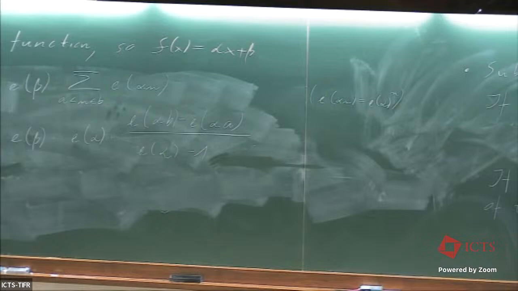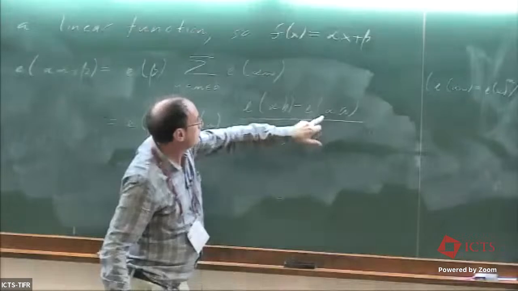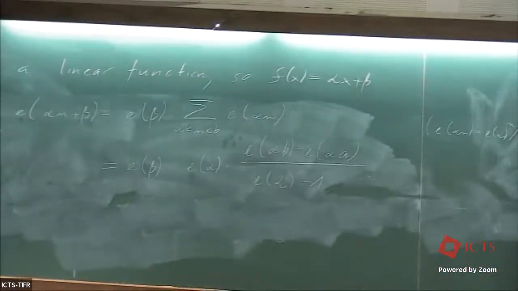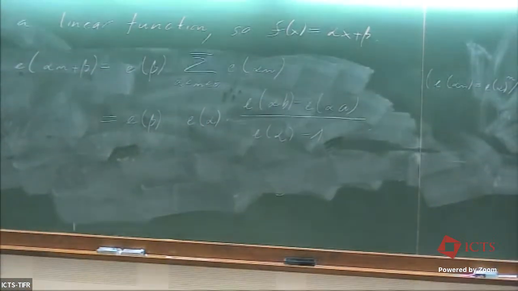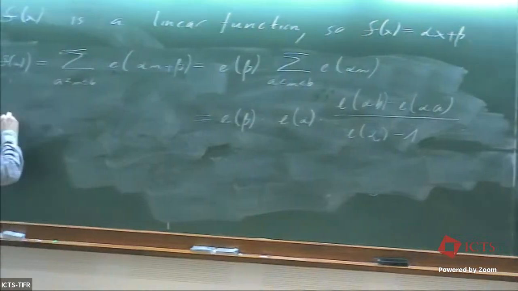Good, and now we can use the triangle inequality to estimate that. So S is bounded by, so this numerator is bounded by 2, divided by the modulus of e of alpha minus 1.